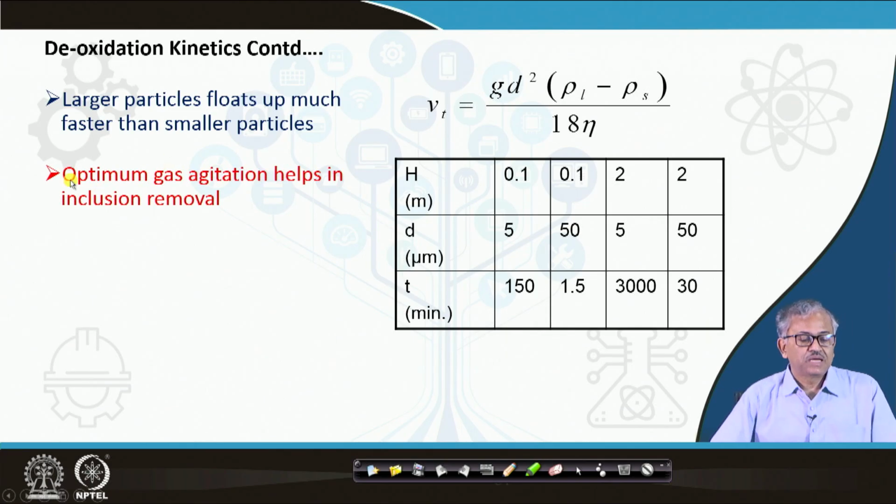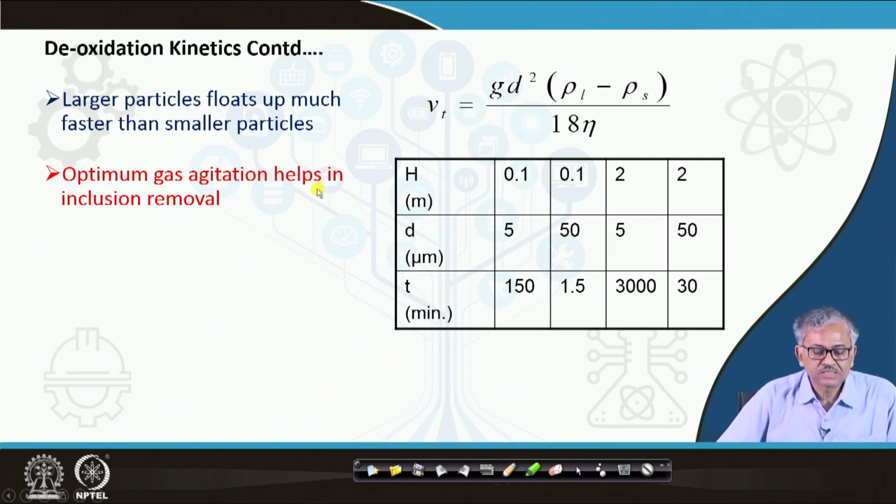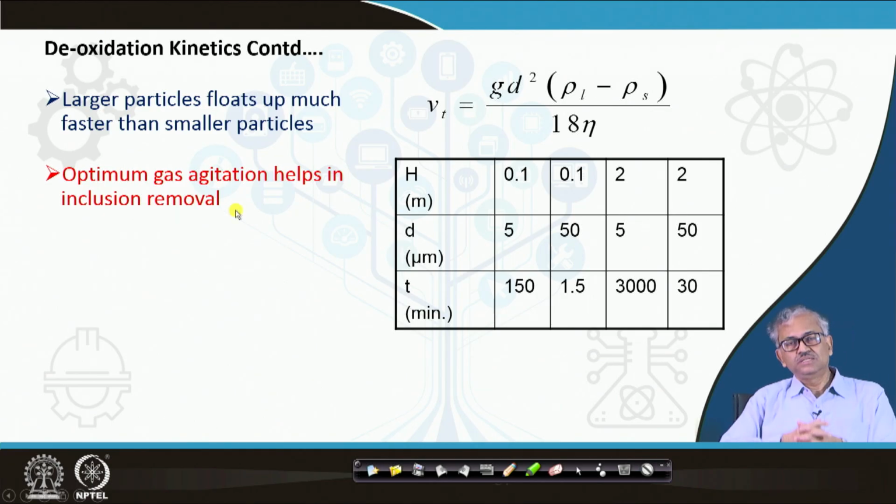Another thing is that optimum gas stirring also helps in inclusion removal. How does it work? With gas stirring, the inclusions move along with the gas. Most of the cases the inclusions will be entrained. They may not have a relative velocity with respect to the liquid unless they become very big.